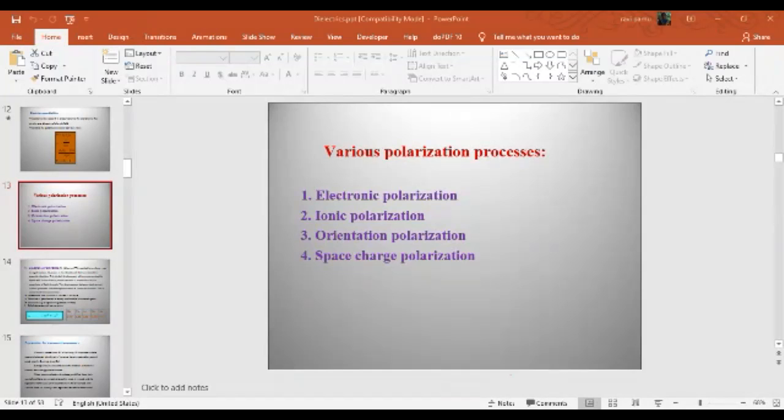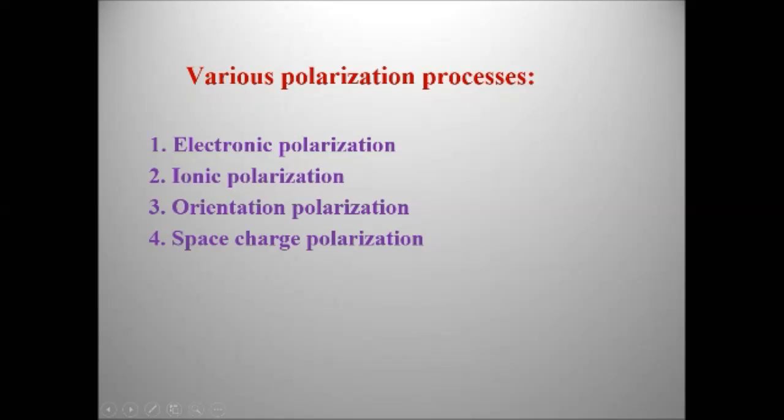Now we will discuss various types of polarization. Polarization can be divided into four types. The first one is electronic polarization, and the next one is ionic polarization.